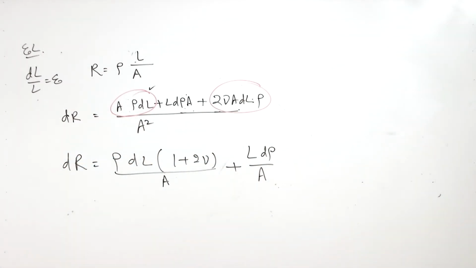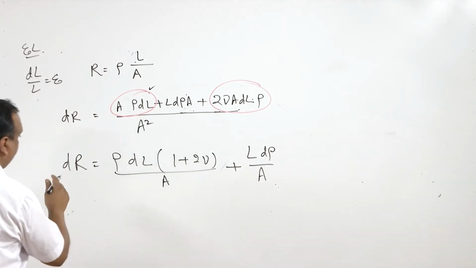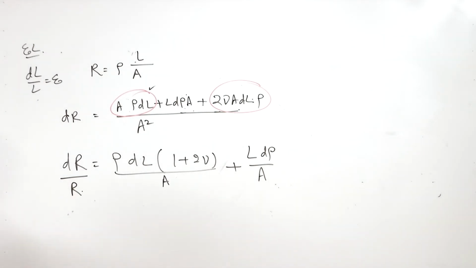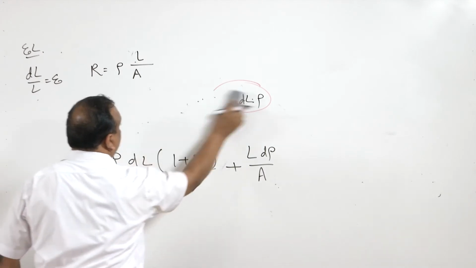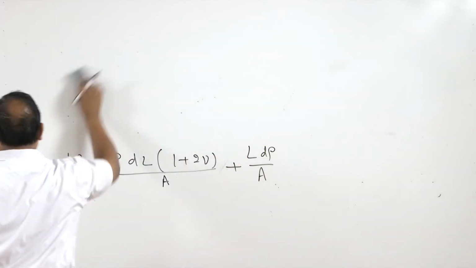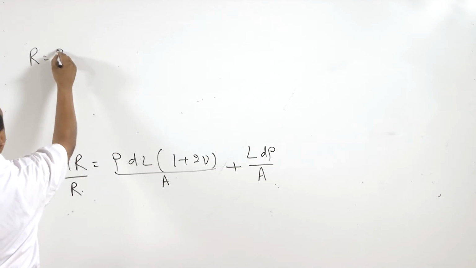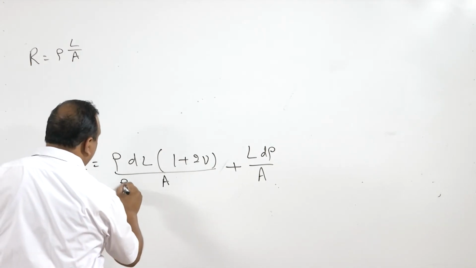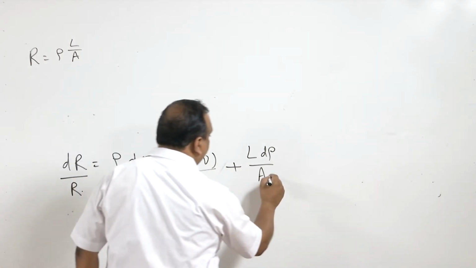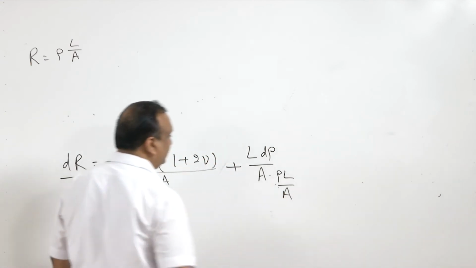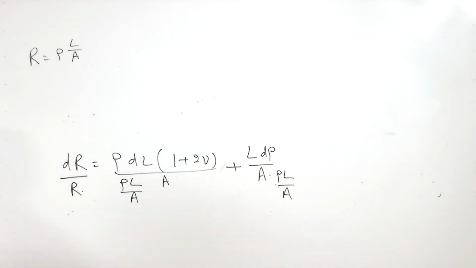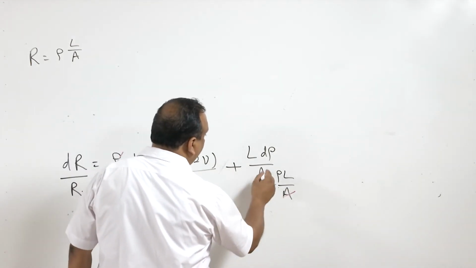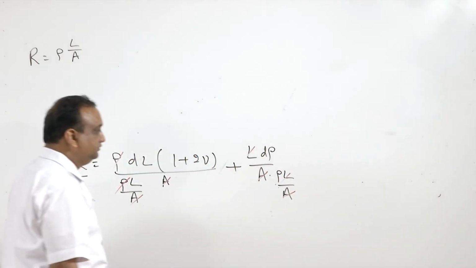Right. Now, after this, we will divide this dr by R. R is equal to, as we know, rho L by A. So the entire expression will be divided by rho L by A. Now here rho will be cancelled out, A will be cancelled out, and L will be cancelled out.